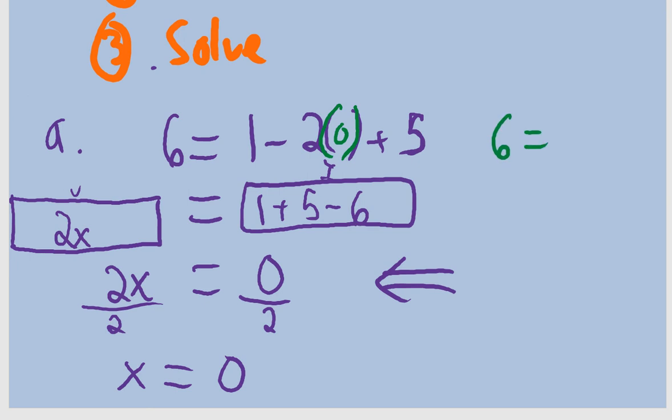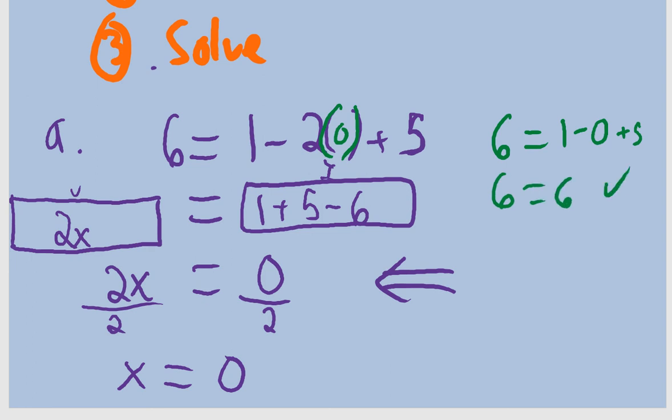Negative 2 times 0, you do the multiplication first if you were to do your order of operations, your PEMDAS, right? 1 minus 0, because negative 2 times 0 is 0. So you'd say 1 minus 0, or you could say plus 0, doesn't matter. 1 minus 0 plus 5 would give you 6. So that would say 6 equals 6.